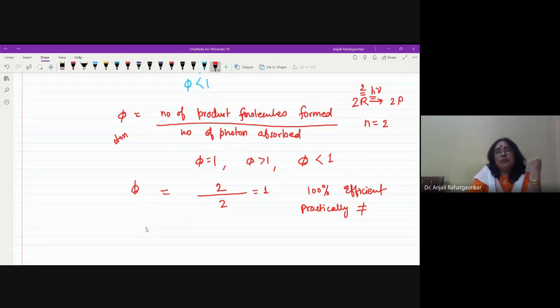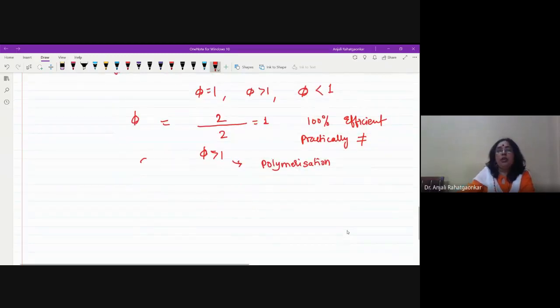So in some cases, if psi is greater than 1, this is the reaction of polymerization. So what does it mean? That if I am inducing one photon, and at a time 10 molecules are formed, it means that it is a polymerization.